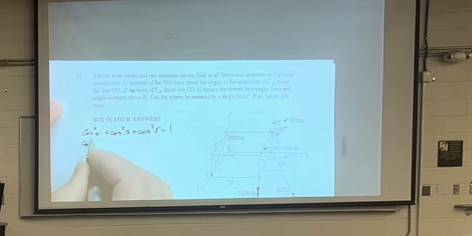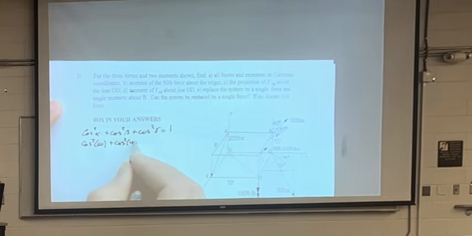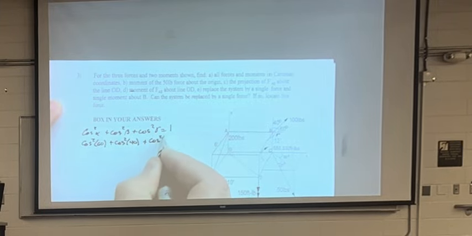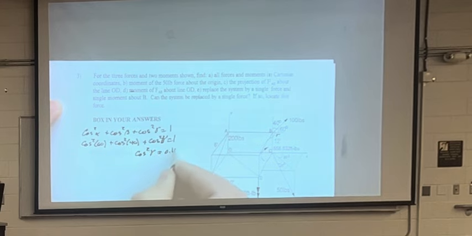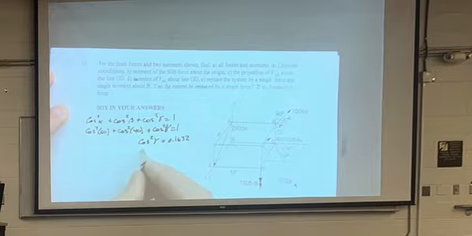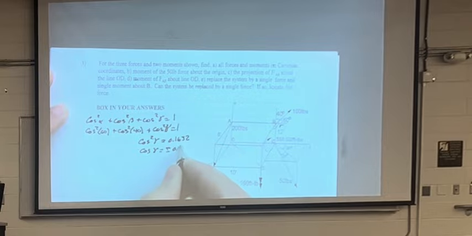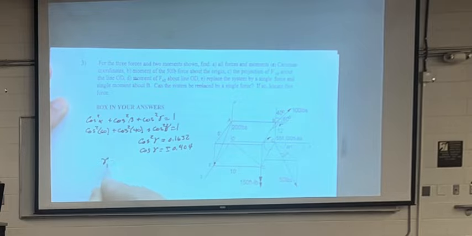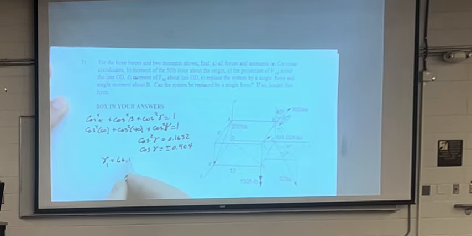I have cosine squared of 60 plus cosine squared of 40 plus cosine squared of gamma equals 1. So cosine squared gamma is equal to 0.1632. Cosine gamma is equal to plus or minus 0.404 after you take the square root. This tells me gamma 1 is equal to 66.17, or gamma 2 is equal to 113.82.